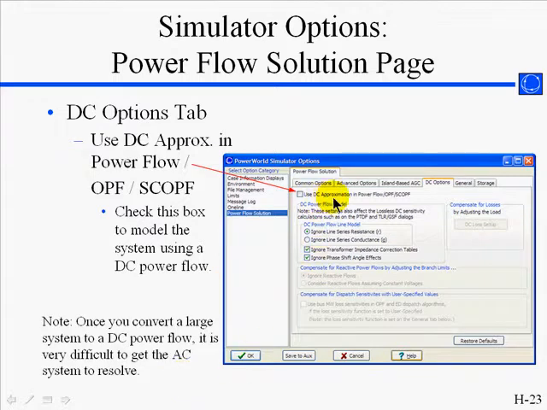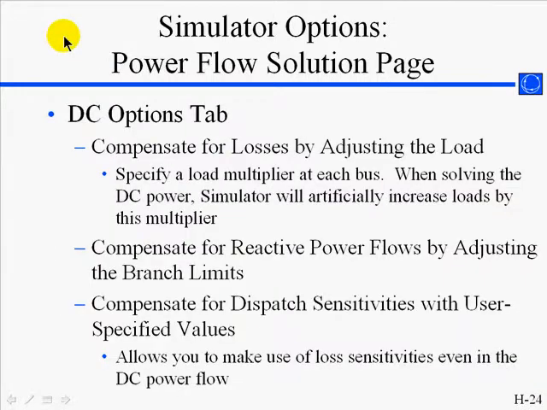So if you wish to use the DC approximation, it's probably a good idea to first save a copy of your case that has the AC solution in it, the full AC solution in it, before you switch to the DC approximation. Then perhaps you can maintain two copies of your case, one with the AC solution and one with the DC. And the following slides discuss the other options in detail.